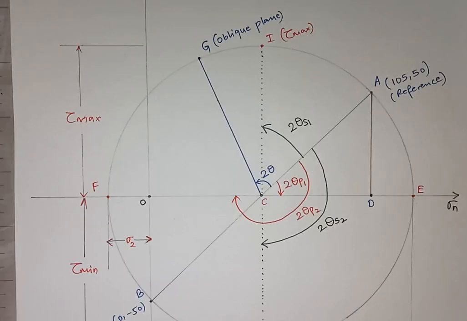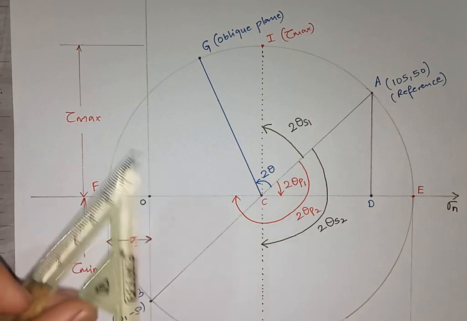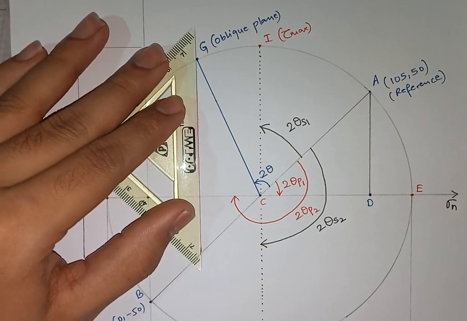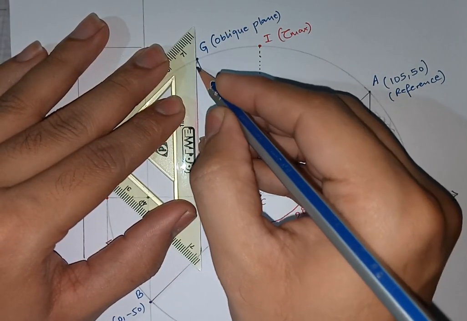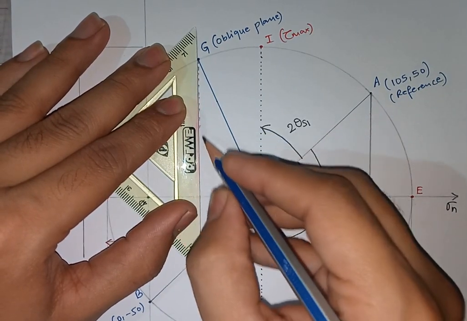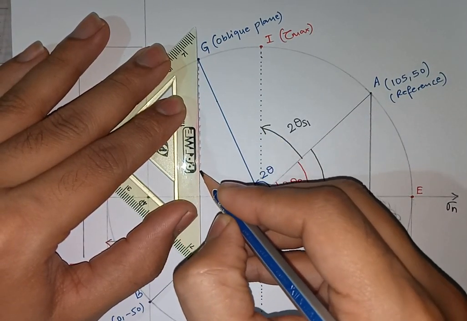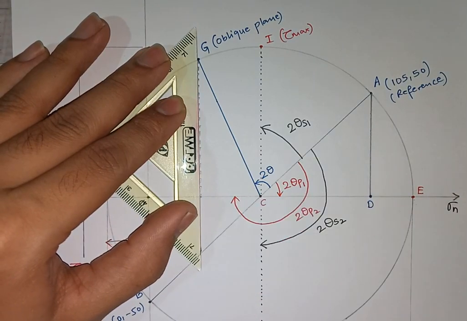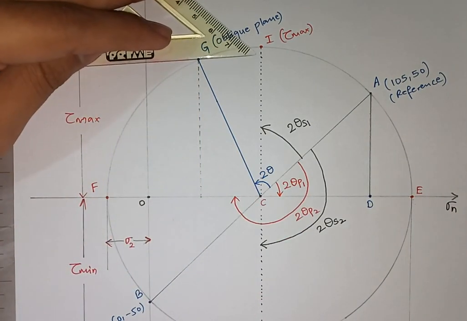In order to note down sigma n and tau, I need to make a small construction here, and that will be joining of this point G with the sigma axis, right?